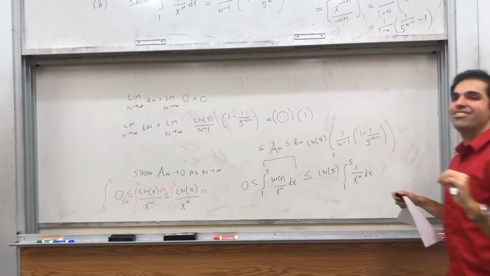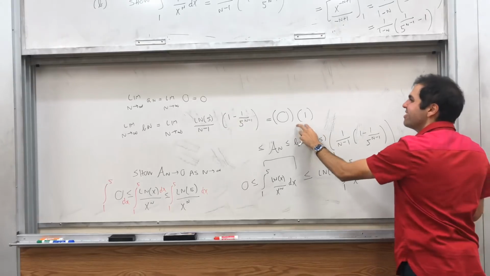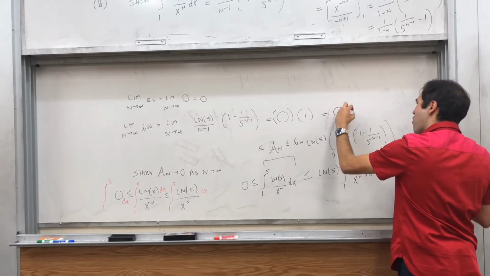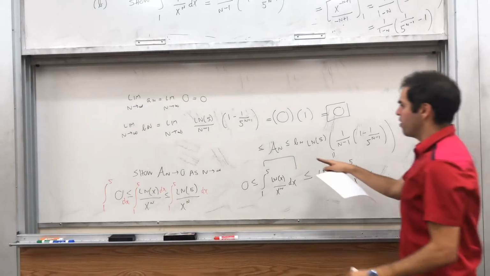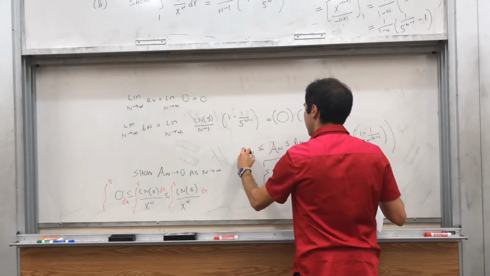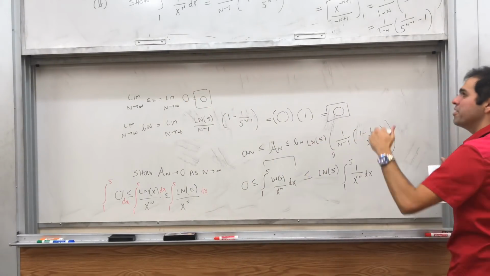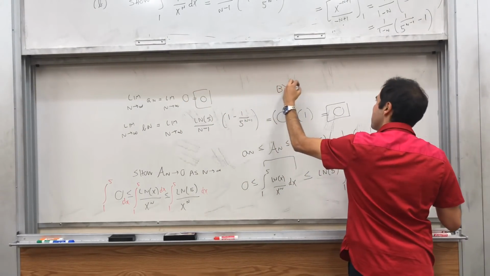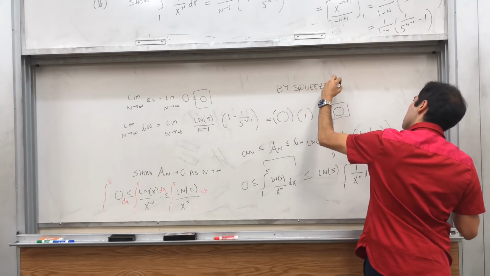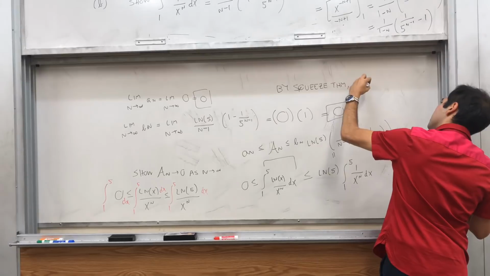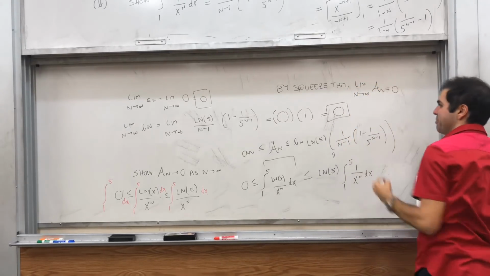And 0 times 1, you think it's an indeterminate form, but it's not. 0 times 1 is 0. And so our area is squeezed between basically 0 and 0, so by the squeeze theorem, the limit as n goes to infinity of our area is 0.